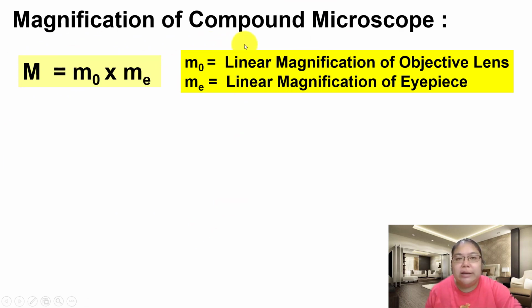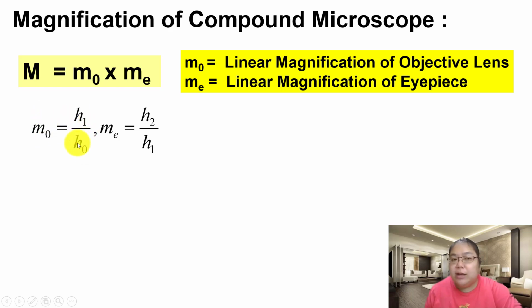Then we have the magnification calculation. The magnification is MO multiplied by ME. MO stands for linear magnification of the objective lens, and ME is for the eyepiece. So we separate them one by one. MO is actually HI over HO.